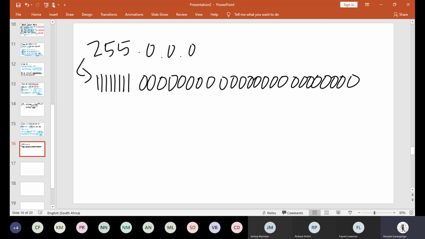All right. So what it means is I've got 8 network bits there. But remember, I can actually increase the number of networks that I've got. I can't max out this portion. It's already maxed out. I've got 8 ones there, and that's my maximum number.